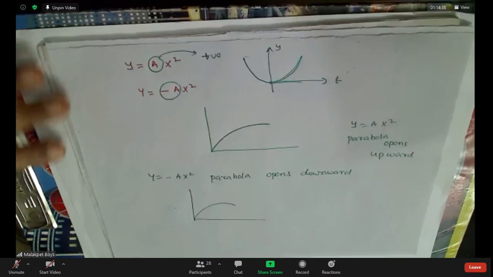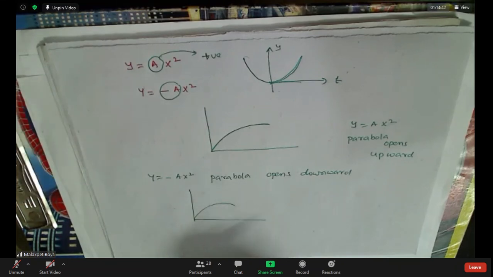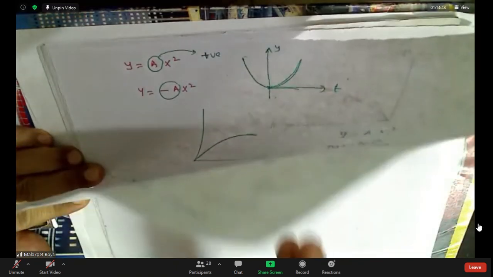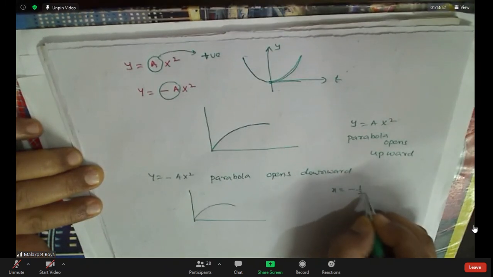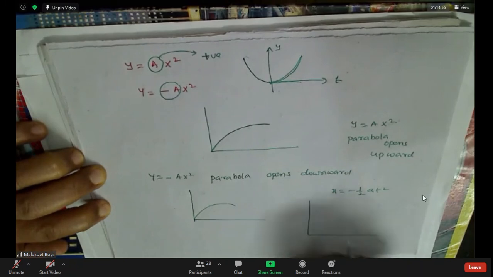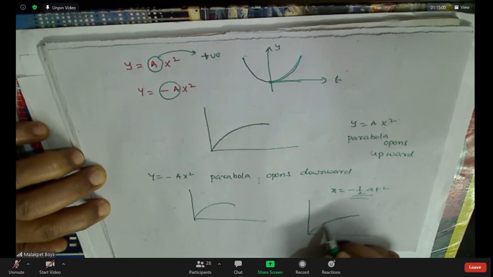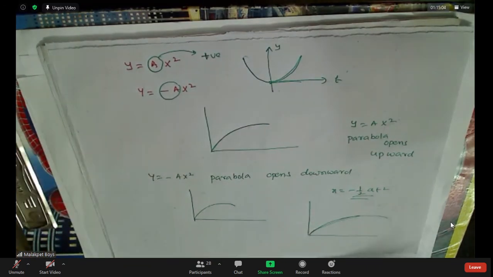Understood this or not? Clear? Clear, sir. Now in our question, previously what did you get? S is equal to minus half a t square. So it should be a negative parabola, no? So it should be like this one, opening downward. Agreed? Yes, sir.